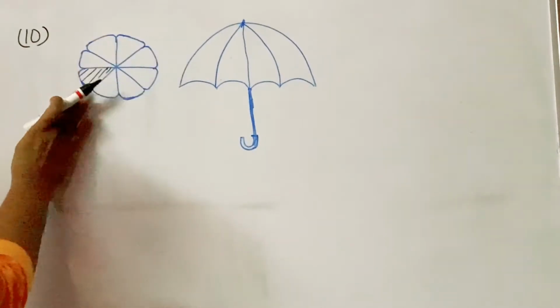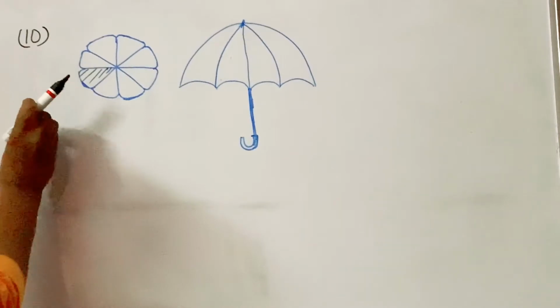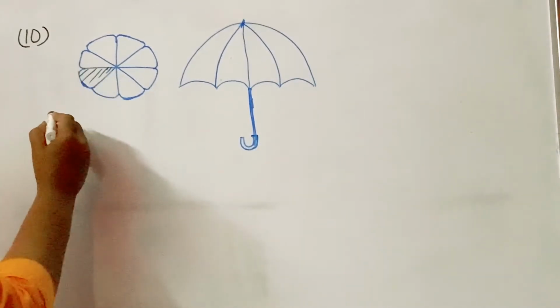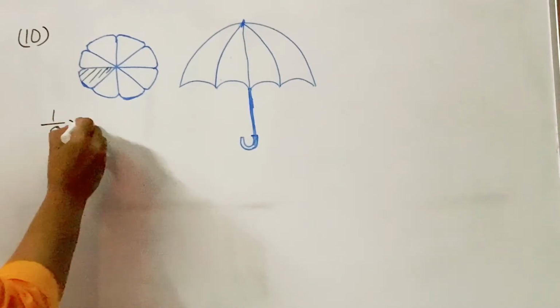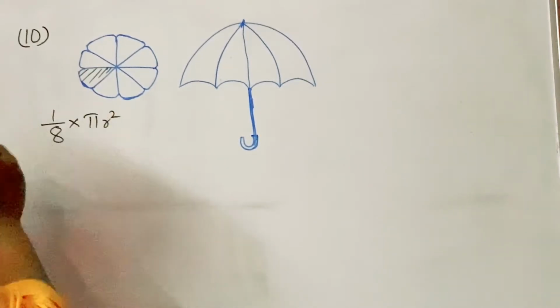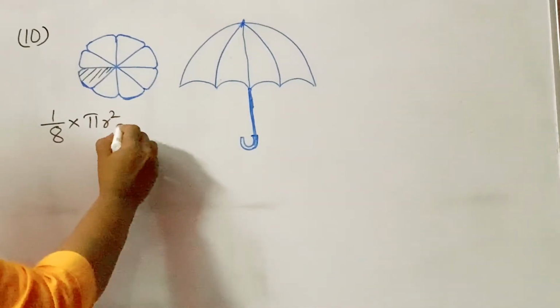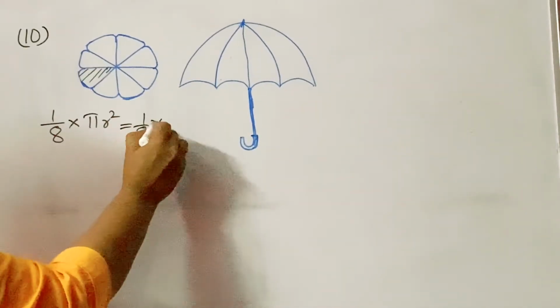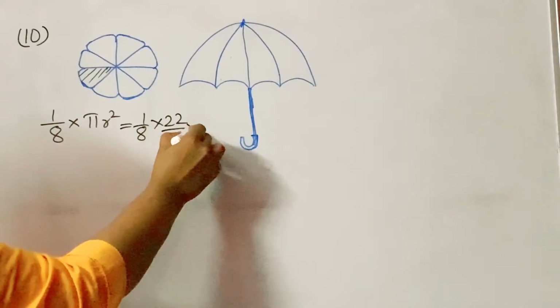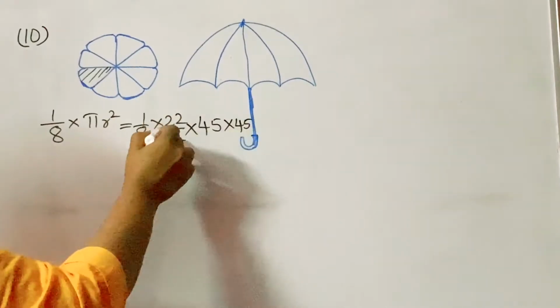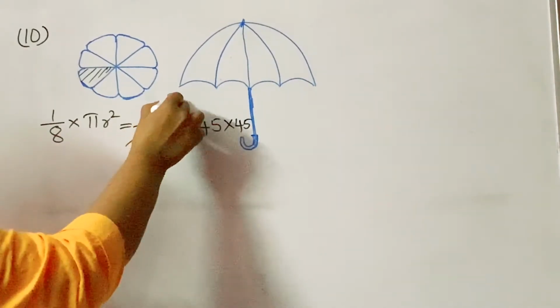Look here, a circle is divided into 8 equal parts. So the area of each part is 1 by 8 into pi r square. What is r here? 1 by 8 into 22 by 7 into 45 into 45. Here this becomes 11.